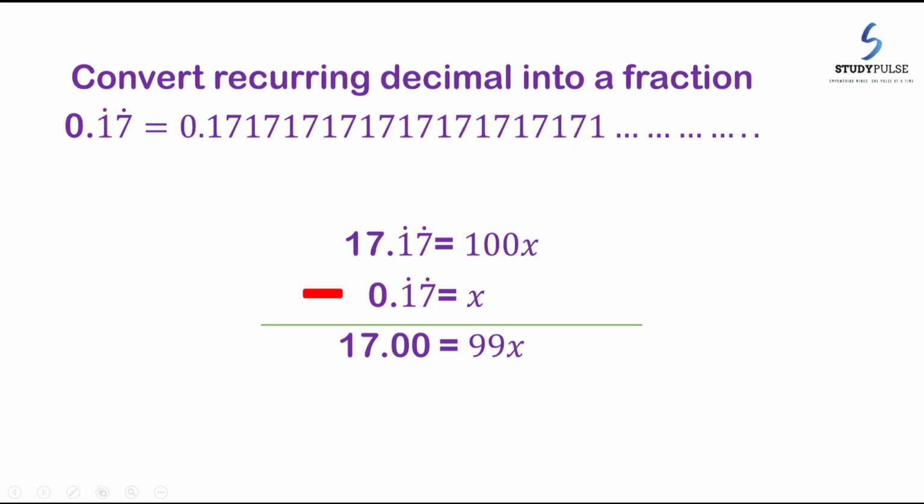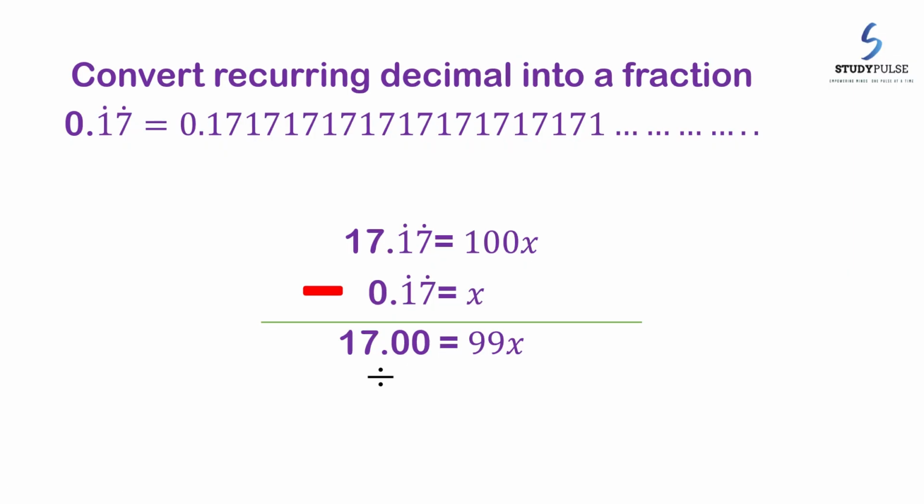As you can see, since the recurring numbers are lying on top of each other, when you subtract them, they will cancel out to become 0. So it will be 17 equals 99x, and you need to find the value of 1x. So you divide both sides by 99, and that gives you 17 over 99 equals x. Now we have converted 0.17 recurring into a fraction, 17 over 99.